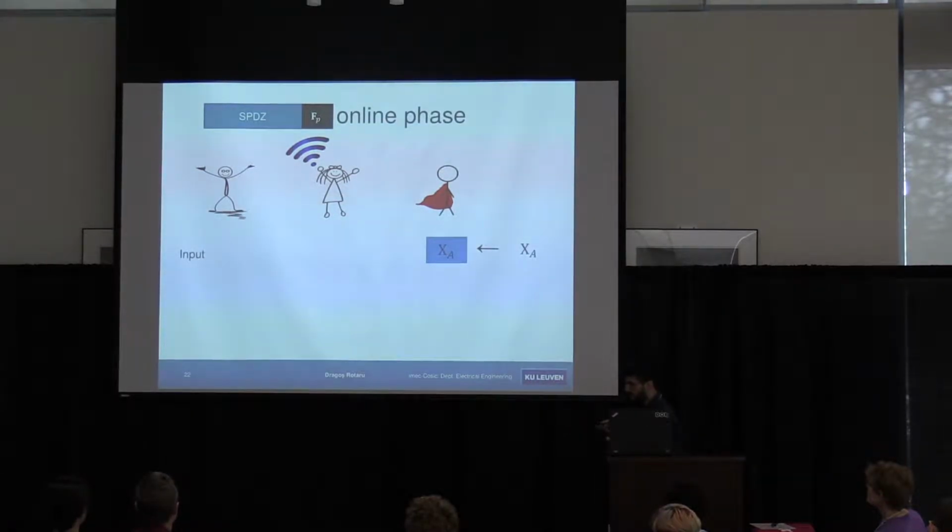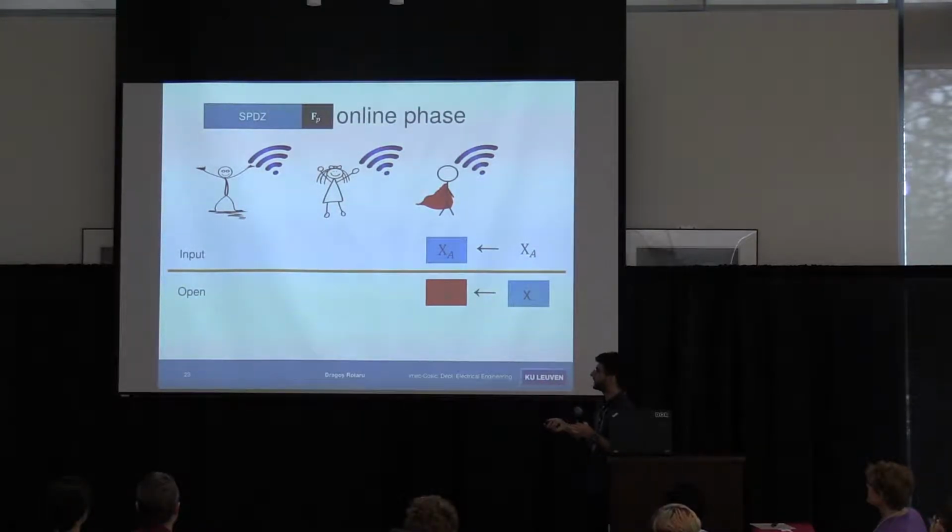So inputs require a random mask to mask the input and then open that. To make a value go from secret shared to clear, we call this process opening. We open this value by each party broadcasting their share, and then they do the MAC check.